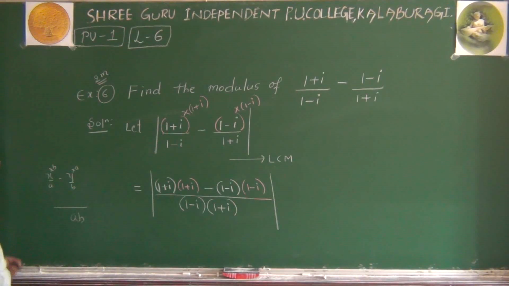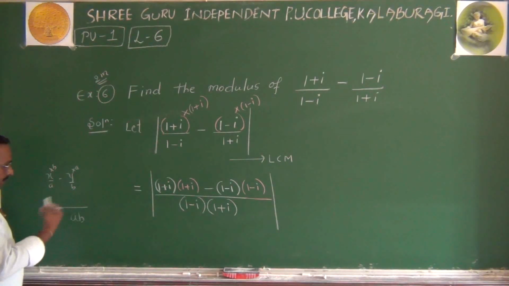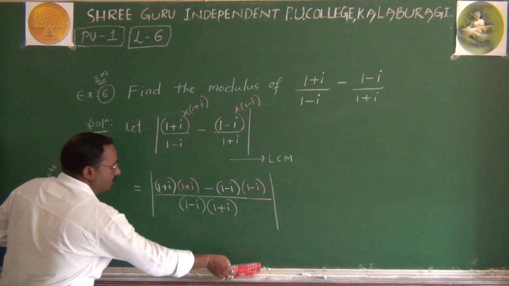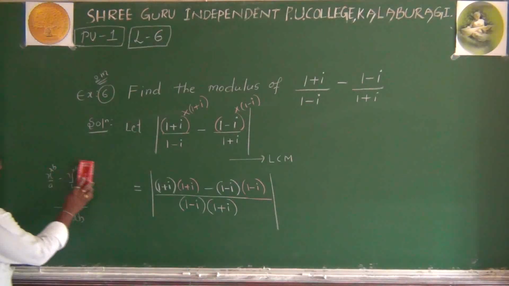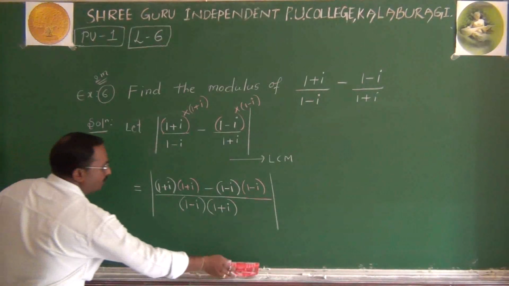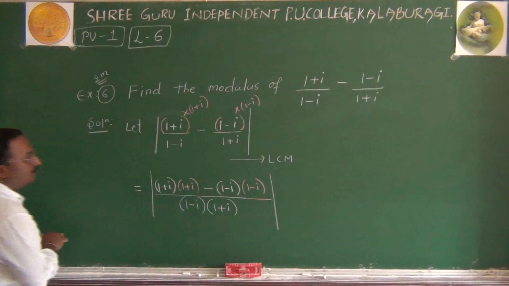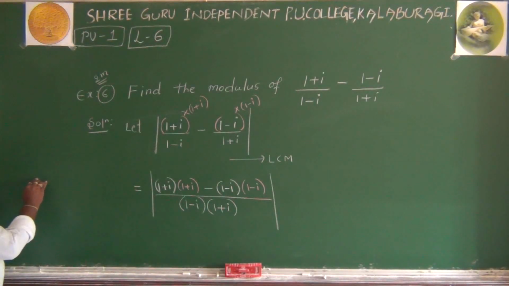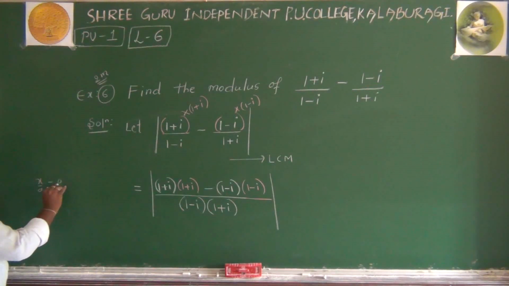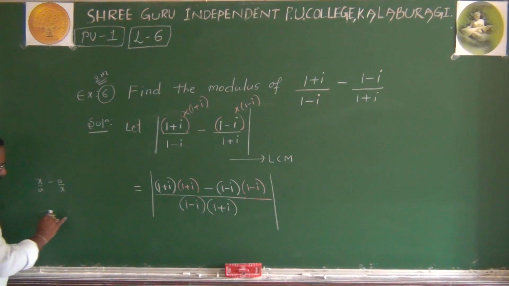There is another form. Suppose x by a minus a by x. The LCM is a into x.